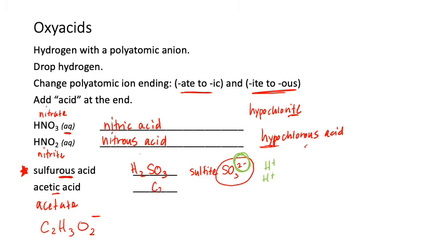So I can go ahead and write my polyatomic anion up here. Now again, we need to figure out how many hydrogens go with it. Well, here we have a -1 charge. So to balance that out, I only need 1 hydrogen. So this is just going to be HC2H3O2. So that's how we would write this.